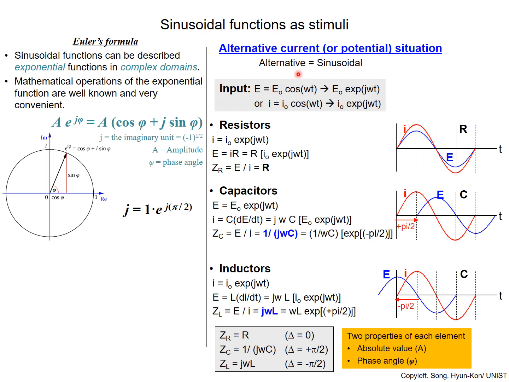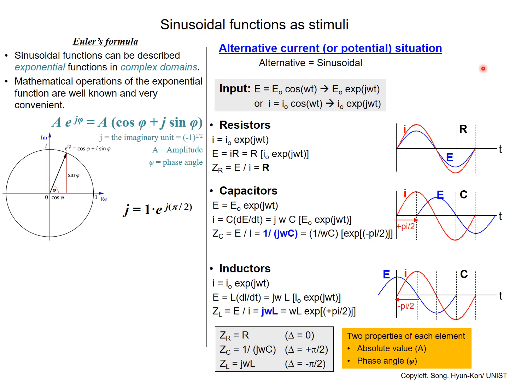Okay, so let's use the sinusoidal function of current and potential for obtaining the impedance of capacitors and inductors. Sometimes I could say alternating current situation or alternating potential situation, so AC situation. Sometimes impedance spectroscopy is called AC impedance spectroscopy.